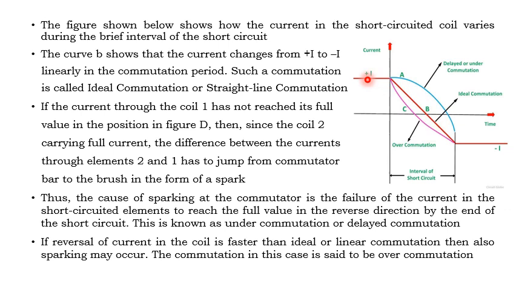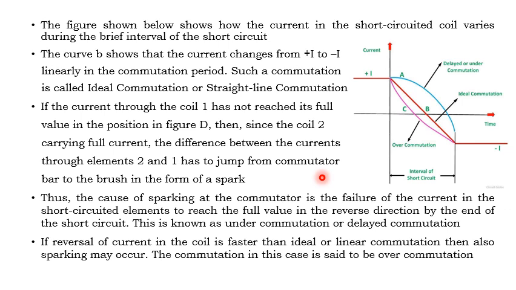Now, if the current through coil 1 has not reached its full value in the position, then coil 2 carrying full current, the difference between the currents through elements 2 and 1 has to jump from the commutator bar to the brush in the form of a spark.